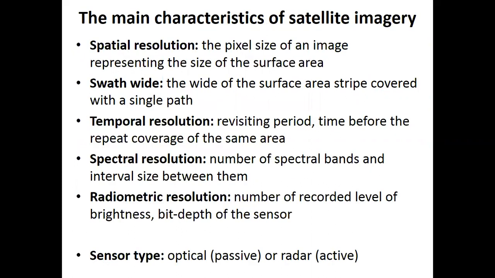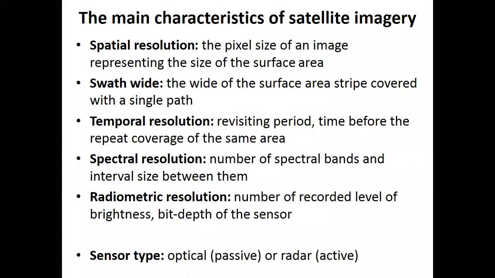So now, from satellites to the images they produce. The main characteristics of satellite imagery are the following. First of all, it is spatial resolution. We will just go through these now and then talk about them in more detail. Spatial resolution is basically the size of the surface area represented by a pixel of an image, so how large a surface area is represented by every pixel.